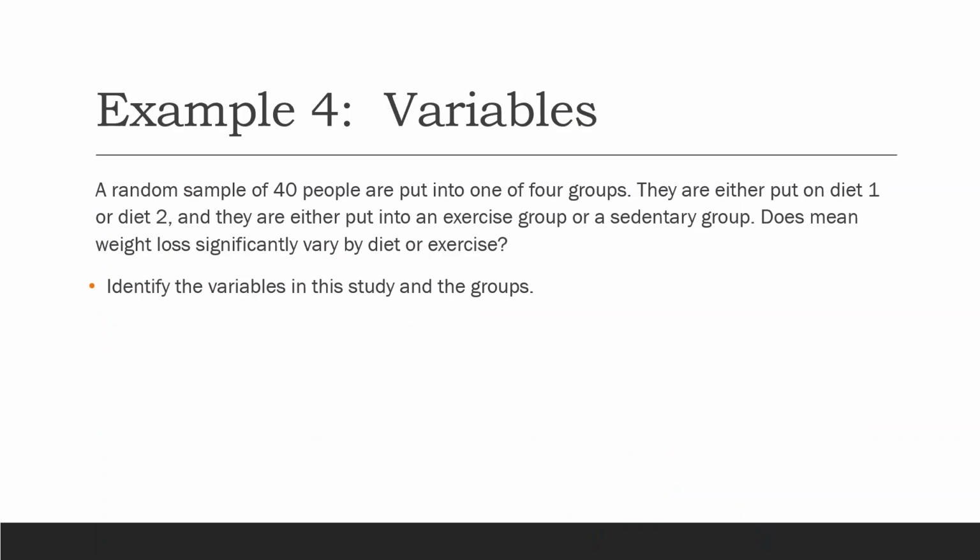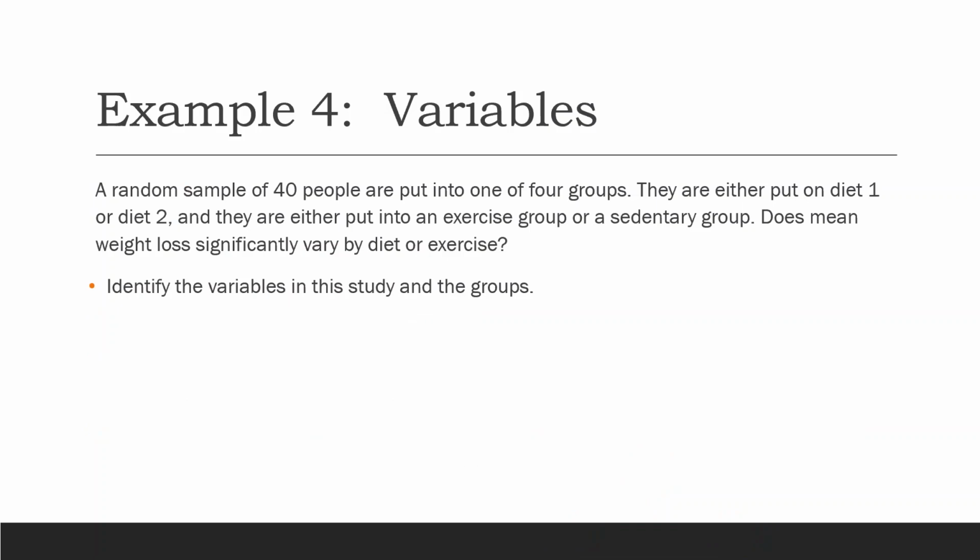They are either going to be put on diet 1 or diet 2, and they're either going to be in an exercise group or a sedentary group. And we're going to have combinations of all of those groups there. Our goal is to see whether the mean weight loss varies significantly by diet or exercise.